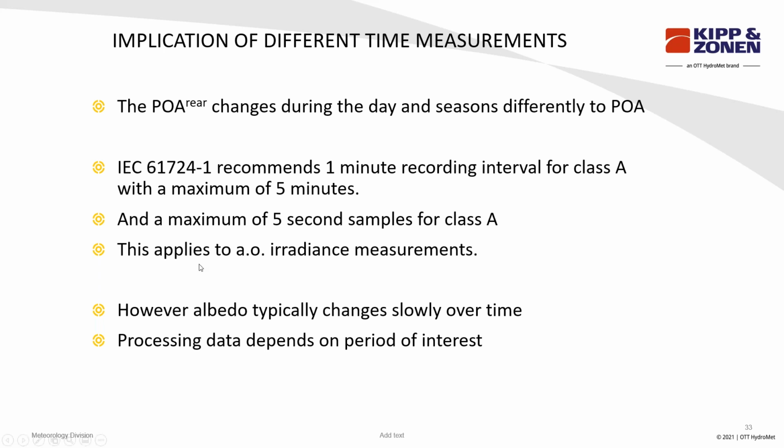This applies to, amongst others, irradiance measurements, but also to other measurements. What we see in practice, however, is that albedo typically changes a bit slower over time than the plane of array and the plane of array rear, so you would expect that measurement to be a lot more constant. When it comes to processing the data, of course, it depends on what your period of interest is.